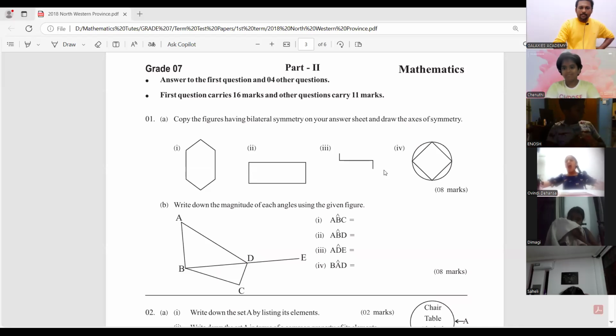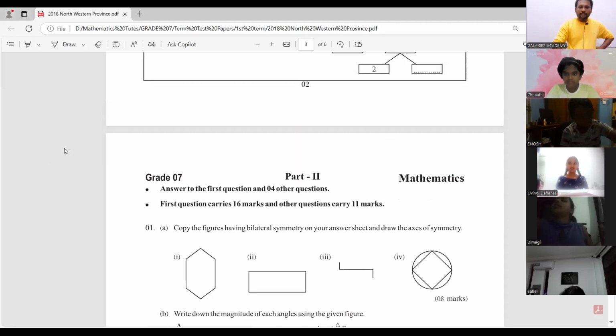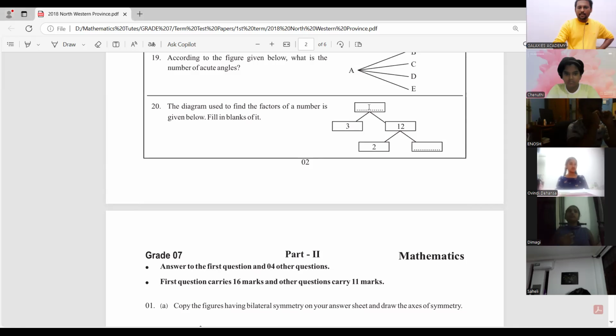The 20th question answer: the first blank is 36, and the last one is 6.